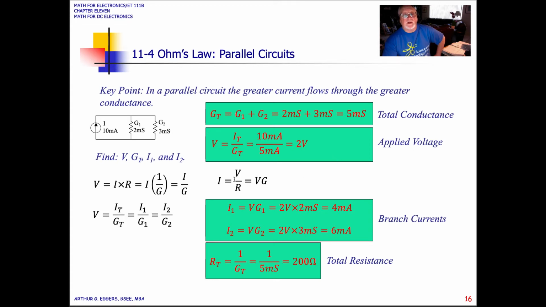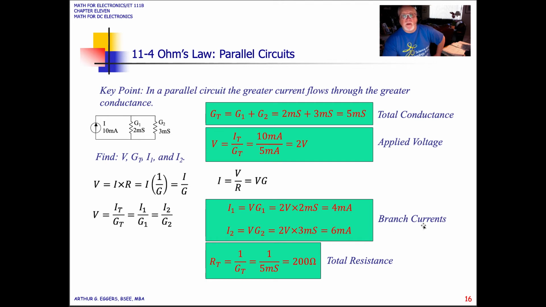The next thing I'm going to do is, again, relying on Ohm's law, V over R, or the equivalent V times conductance, G, I can solve for each of the currents through G1 and G2 by using that relationship. Now, knowing that I've got 2 volts across each of those conductances, I end up with 4 milliamps and 6 milliamps of current.